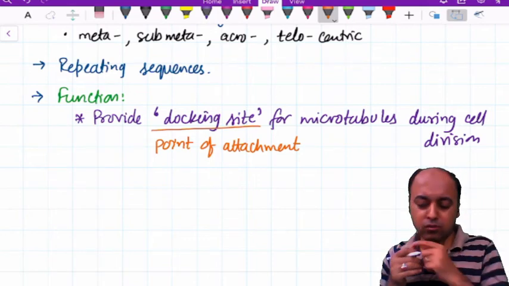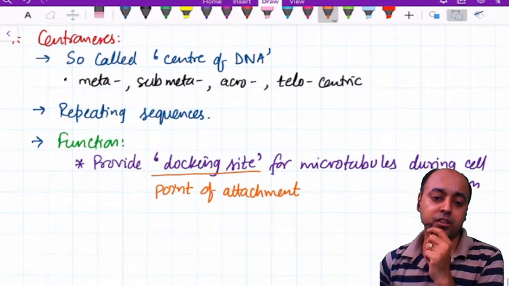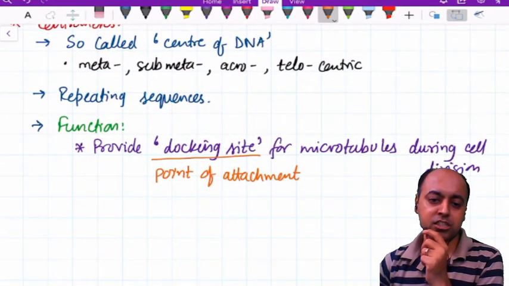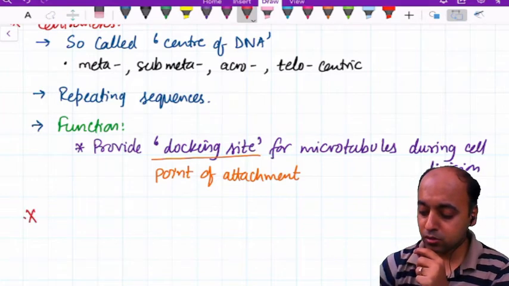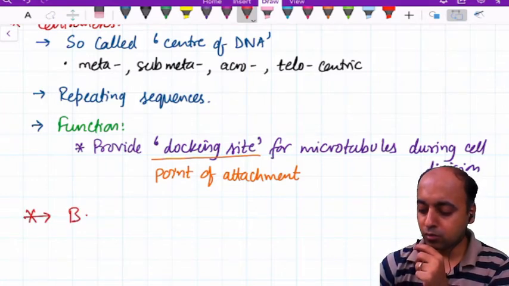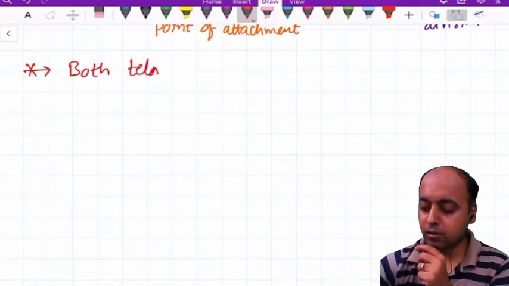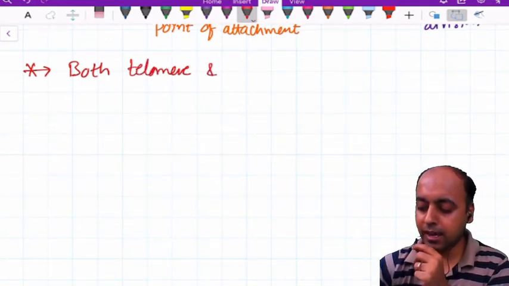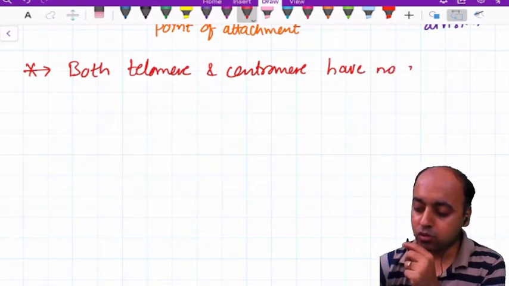Alright, so only 2-3 points from the biochemical aspect. The centromeres are repeating sequences, but the primary function is to provide a docking site. However, what you have to note is that both telomere and centromere have no genes.